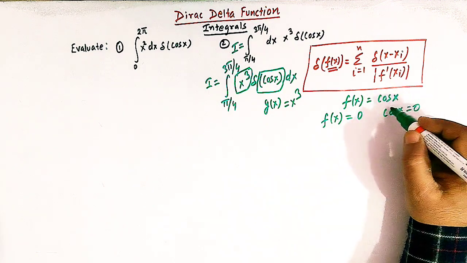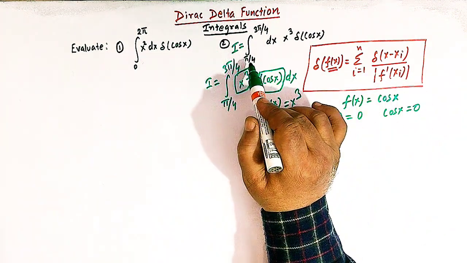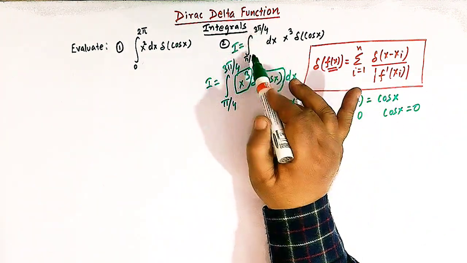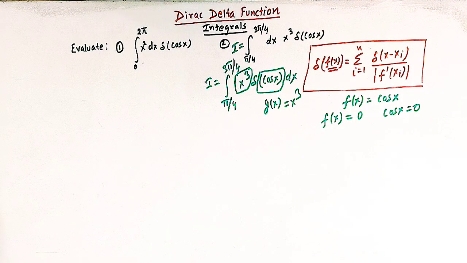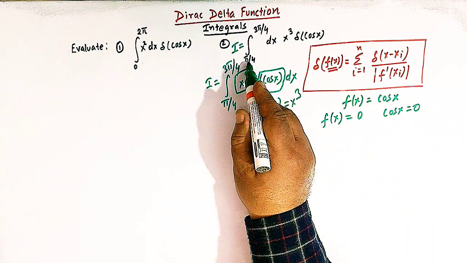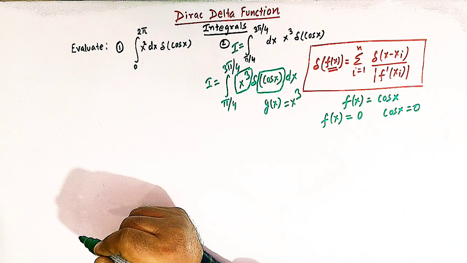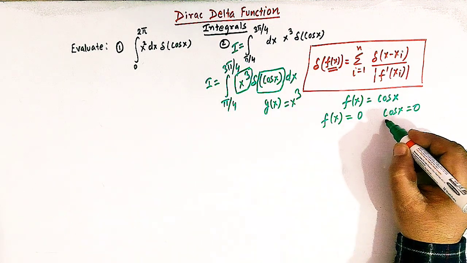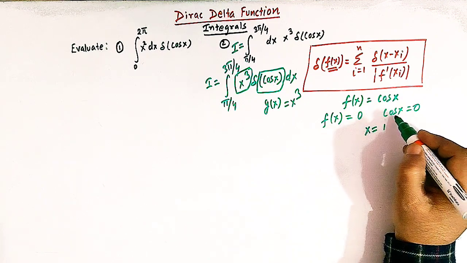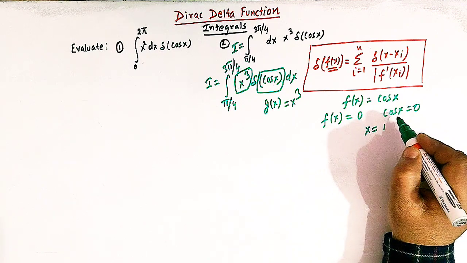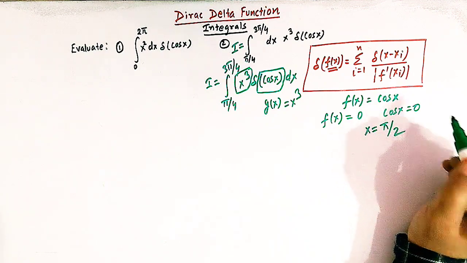But here we are interested only in those values of x which lie within the limits, that is pi by 4 to 3 pi by 4. Pi by 4 is 45 degrees and 3 pi by 4 is 135 degrees. When we solve cos x is equal to 0, we get only one value of x where cos x vanishes, and that value is pi by 2, that is 90 degrees.